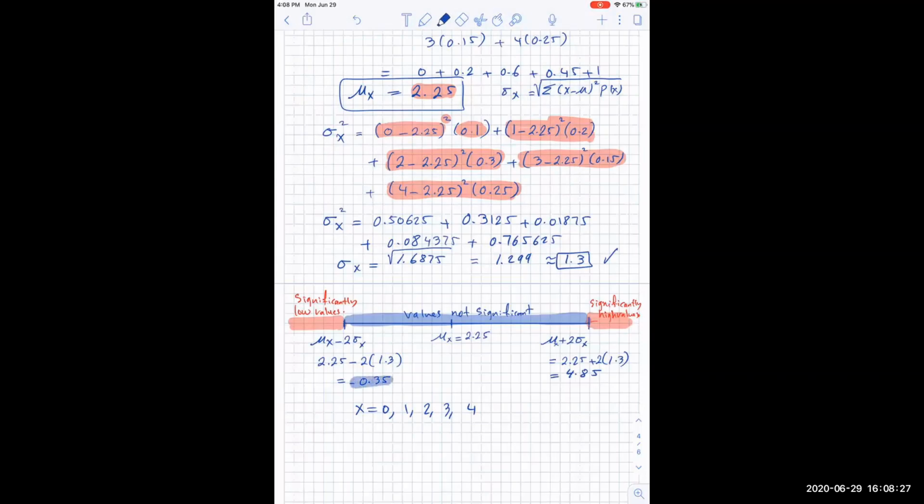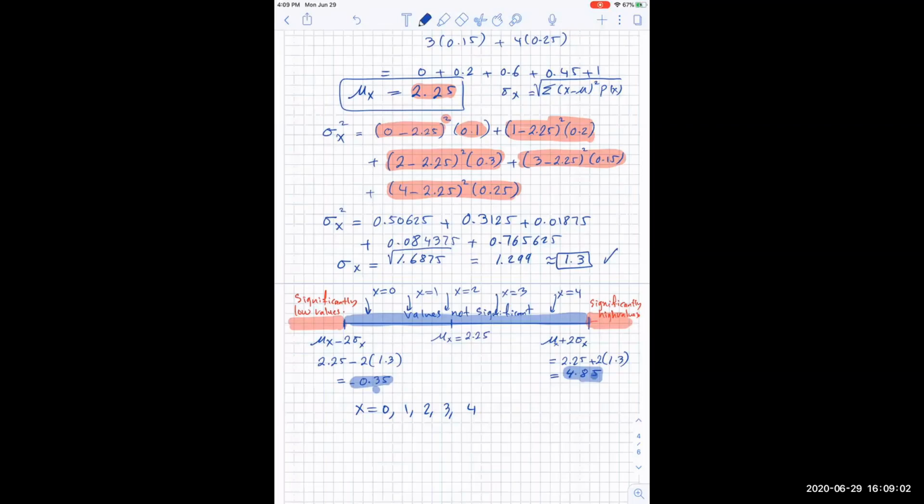Well, this range is from negative 0.35 to 4.85. 0 is here. 1 is here. 2 is here also. 3 is here also. 4 is here. All of them fall within 2 standard deviations.